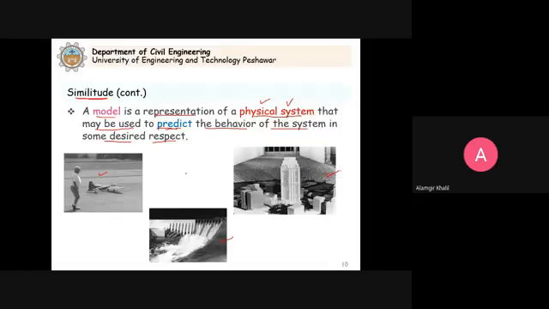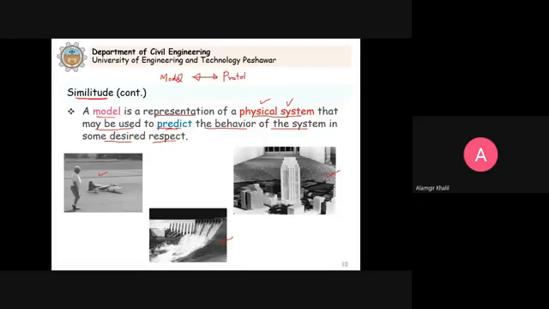Now, in these examples, you can see that the model is small as compared to the prototype. So we have the model that we are discussing, and then we have the prototype. Prototype means the actual structure.